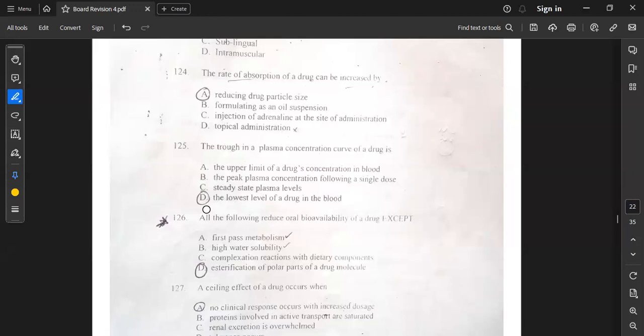For epinephrine, I think we had discussed the local anesthetics. We were saying that it's injected so that the local anesthetic can just act on that, so that the drug is concentrated at that site. So that means injecting, and it will not increase the absorption.